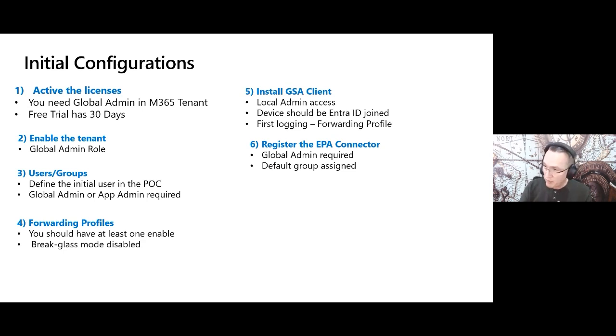If this person is not directly part of the group doing the POC, my advice is to invite them in the planning on the same day, to enable the tenant and register the connector, because if not, you will need to ask a second time for them to be part of the process.